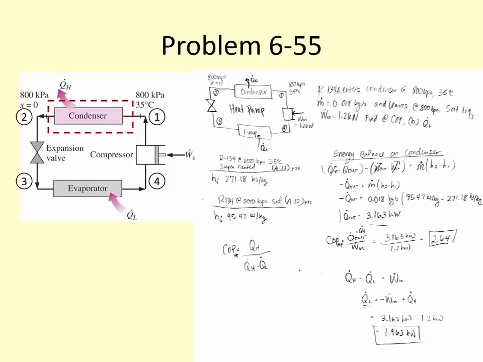Okay, so the saturation temperature is 31.31, right? Are we above that? So then what is the condition? Superheated. Okay, so we need to go to table A13 and look up enthalpy at that point. So 800 kilopascals and 35 Celsius, what is my enthalpy?